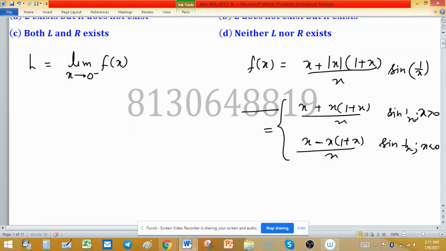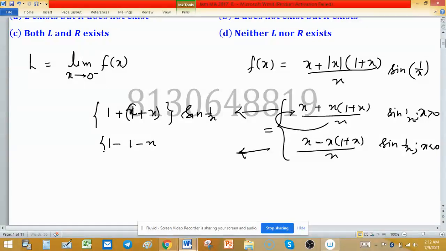Further, you can simplify. Take x outside, so it will cancel out. The left term will be 1 plus 1 plus x, and sine 1 upon x is also there. The second term will be 1 minus 1 minus x into sine 1 upon x.